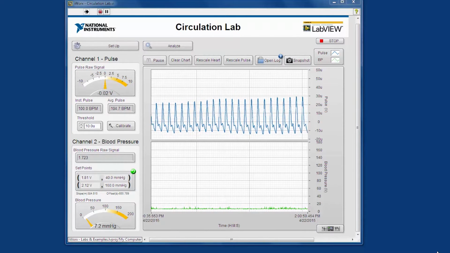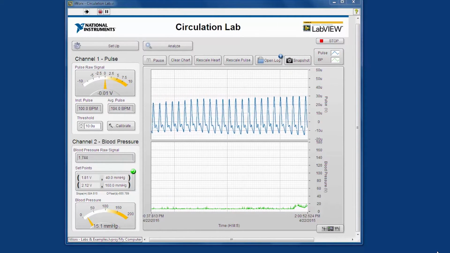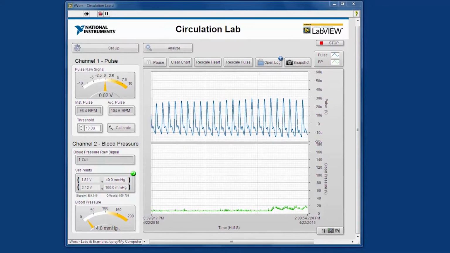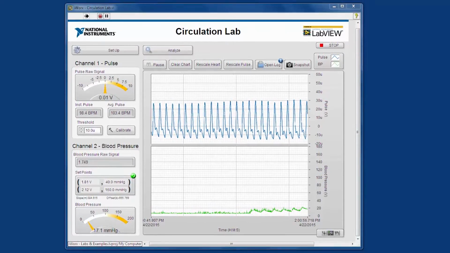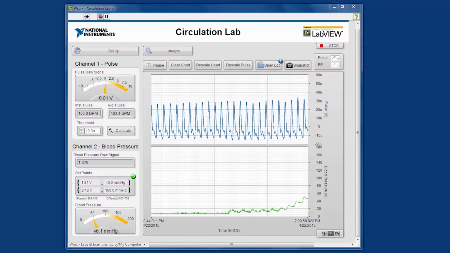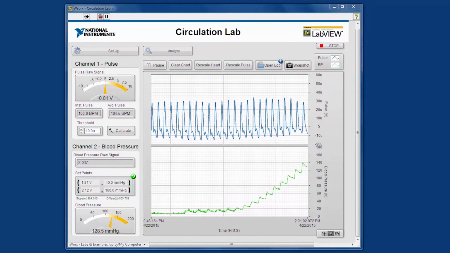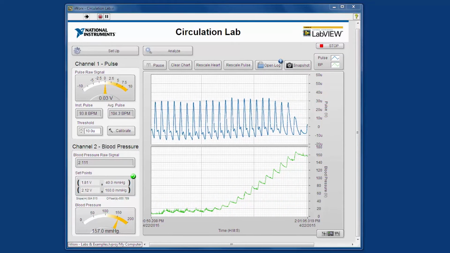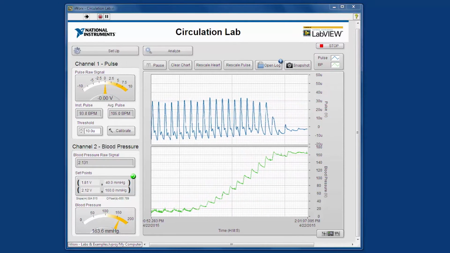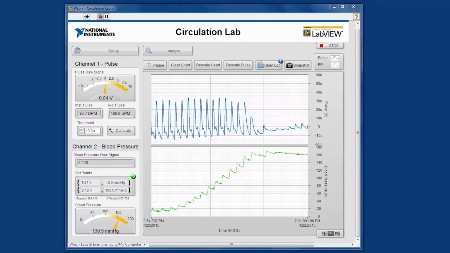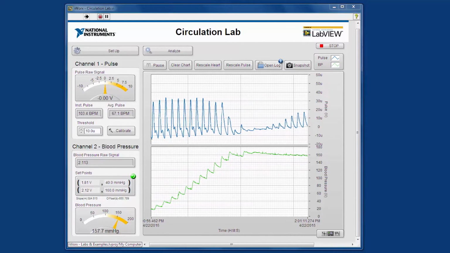Let's check that blood pressure. It looks like our blood pressure actually stays the same.